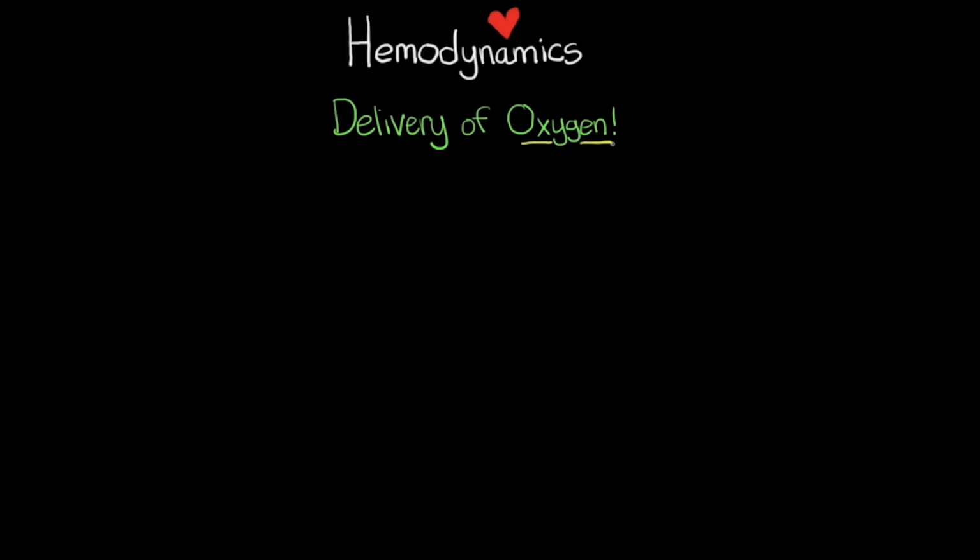And in this lesson, we're going to cover a few different equations that are used in understanding our hemodynamics. I do want to preface this and say the point of this is not to have these as something that you guys need to memorize, but really just to break it down and help you understand the components that all play a factor in the hemodynamics and ultimately the delivery of oxygen.